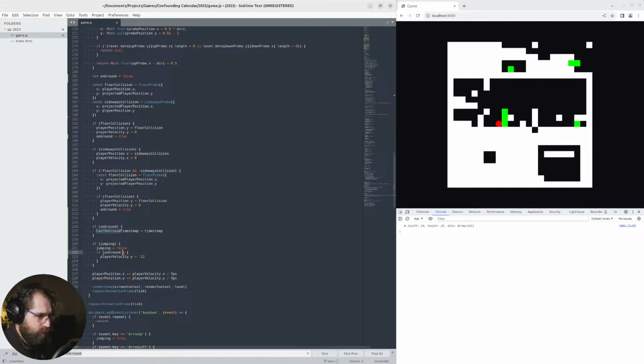So if on ground or, well, timestamp minus last on ground timestamp. This will be milliseconds. So if that is less than my coyote time milliseconds, so coyote time, what did I set it as? Oh yeah, it was in seconds, so times 1,000.